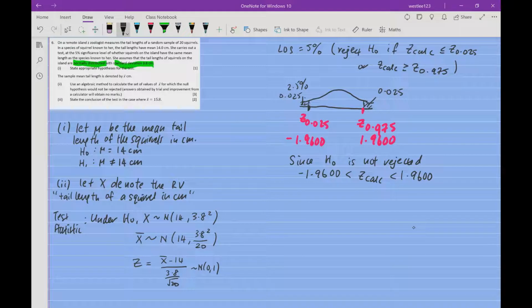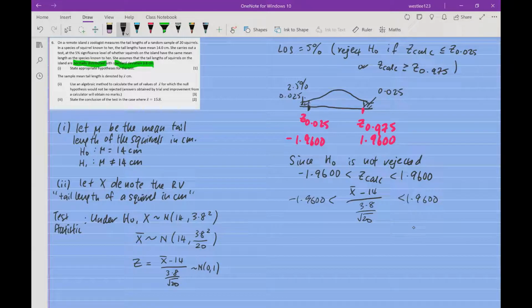All right, so we can sub in the values: x bar minus mu over 3.8 over square root 20, between negative 1.9600 and 1.9600.